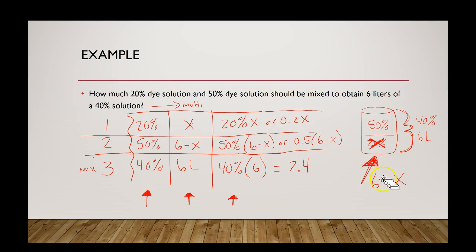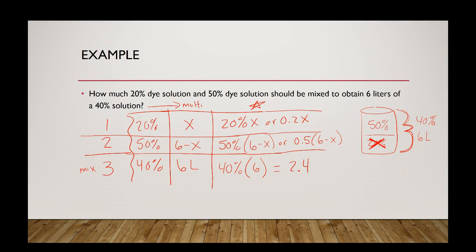So what does that mean now? When we go to write the equation, we're going to look at this last column. When we first started talking about this problem, we said we're going to dump in the 20%, dump in the 50%, shake it up, and we now have 40%.